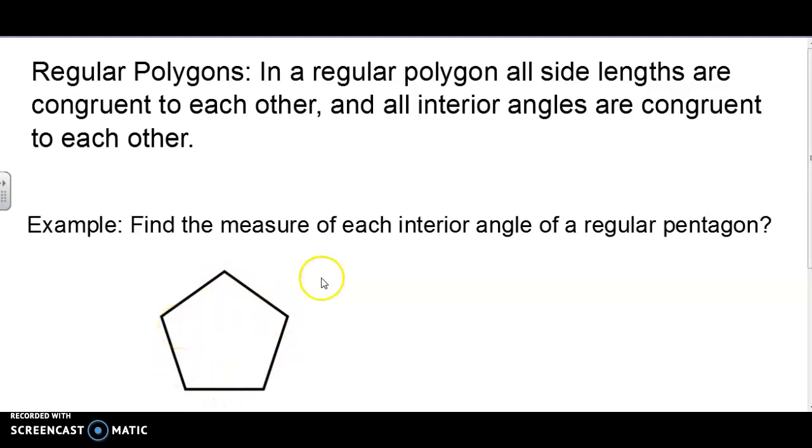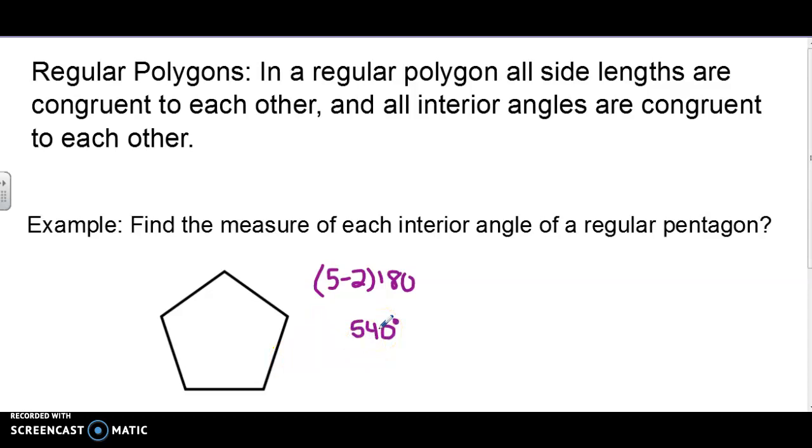So the first thing I need to do is find out what the sum of all the interior angles is. I know that there's 1, 2, 3, 4, 5 sides, and our formula is 5 minus 2 times 180. You also might just remember, we did this one yesterday, and I know that that would be 540. All 5 angles together add up to 540 degrees.